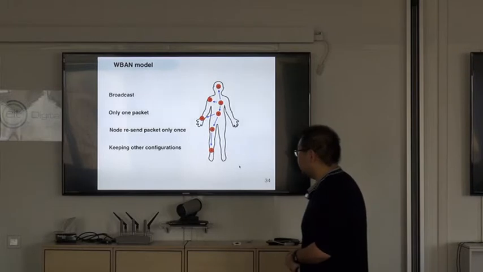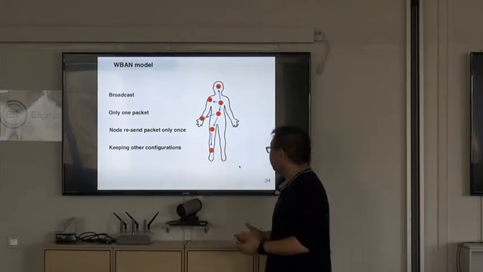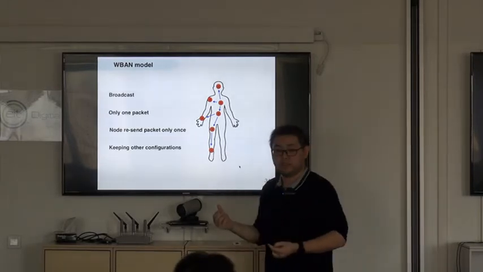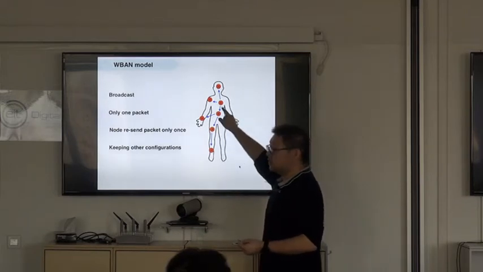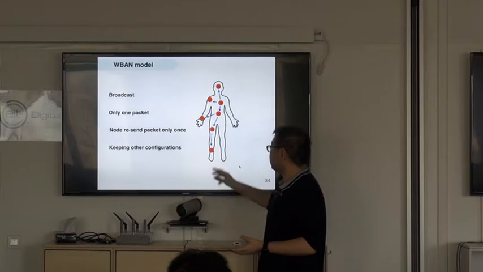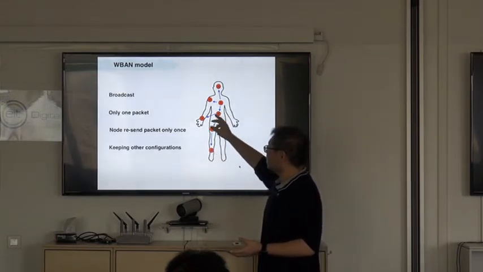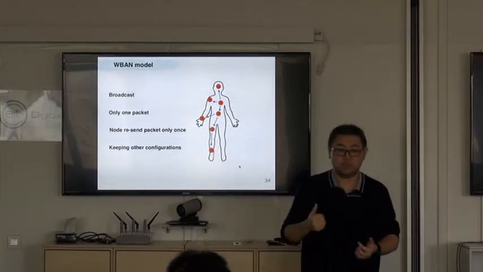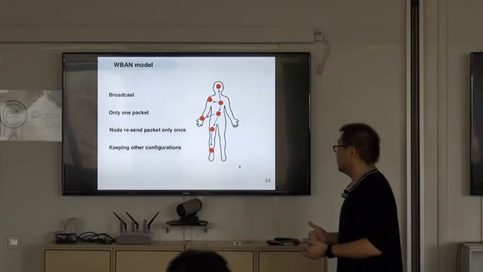So we take a very easy scenario, which is the broadcast scenario. That means the sink will try to send a message to every other sensor node. In these cases, we let the sink send only 1 packet during the broadcast.